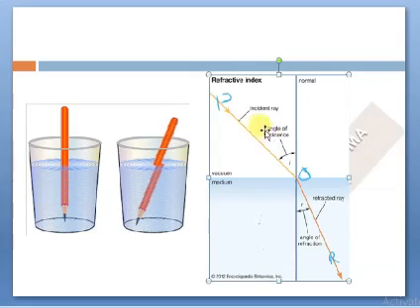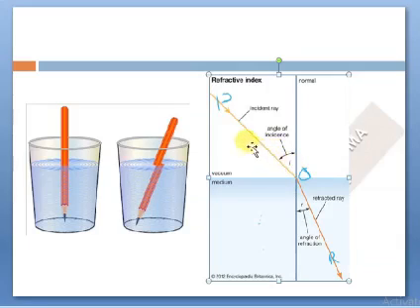Now look at the diagram again. You will see your straight line representing the normal. Normal is a straight line at an angle of 90 degrees to the boundary. Now you can see the incident ray represented by the letters PO.